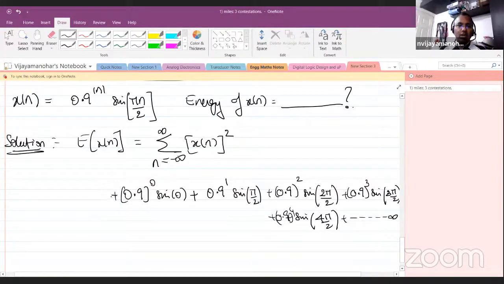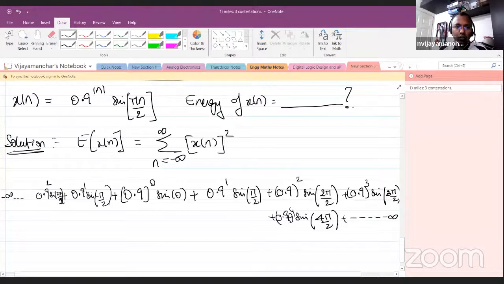And on the minus infinity side, what will I get? I have to write the negative terms also, right? So on till minus infinity, we have to write a couple of terms here. Let's see. 0.9 power 1, because it's mod n, so minus 1 will also become 1 only. Sine minus pi by 2, plus 0.9 square sine minus 2 pi by 2.